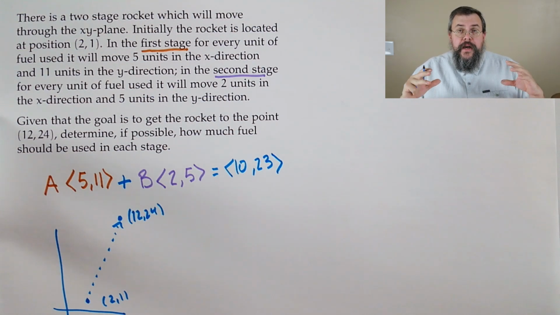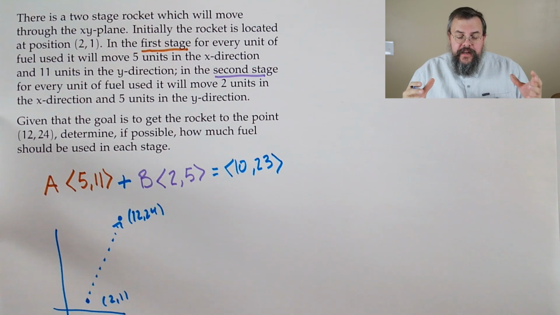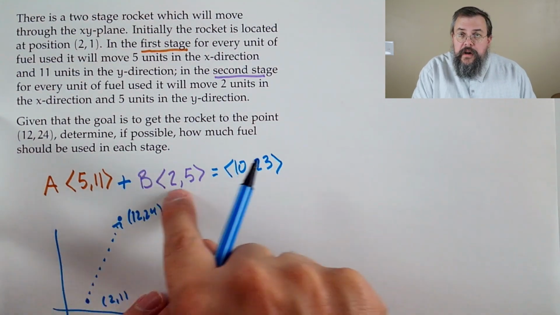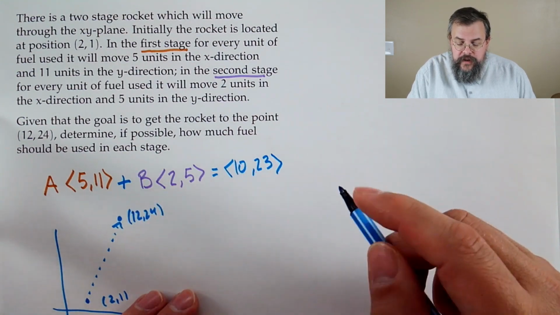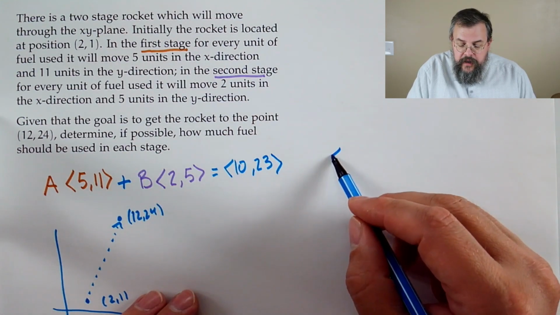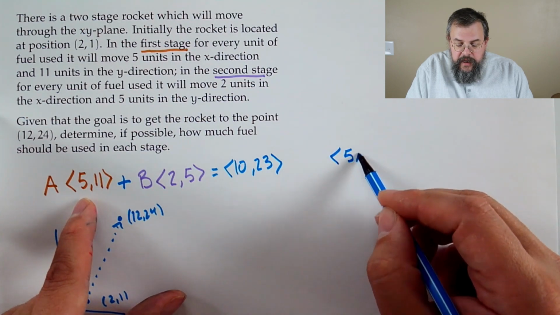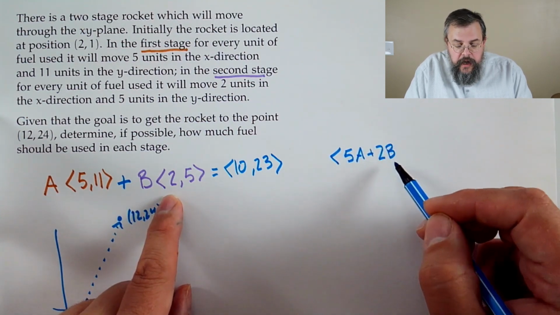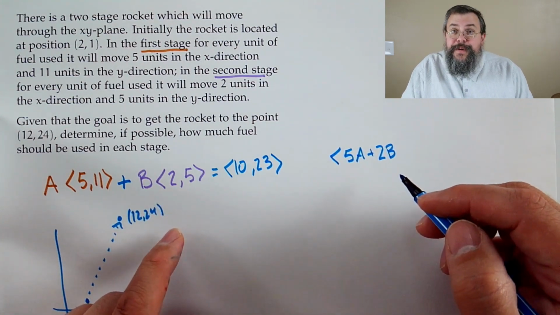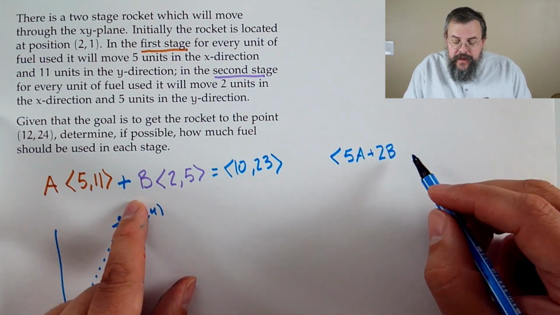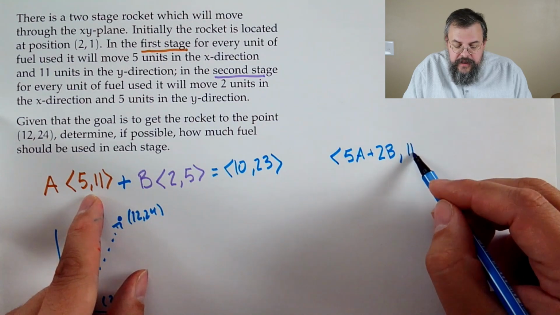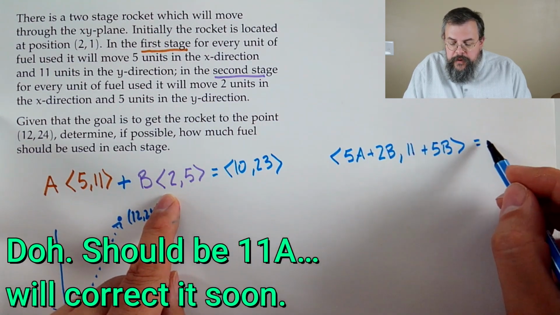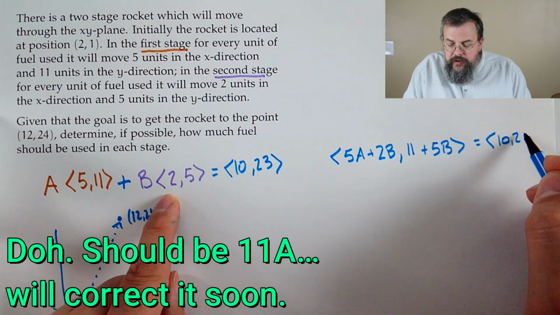Well, now let's ask, what is this telling us? Let's combine this into one vector over here. So we can also say we have (5A plus 2B, 11 plus 5B) equals (10, 23).